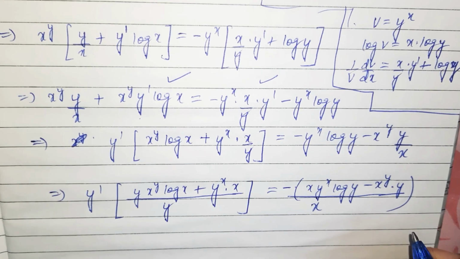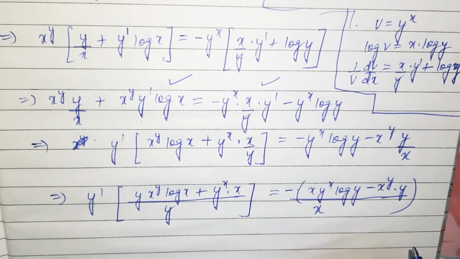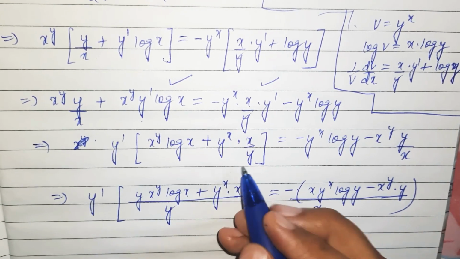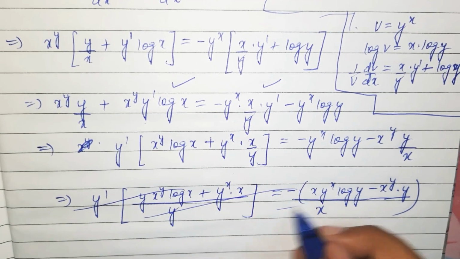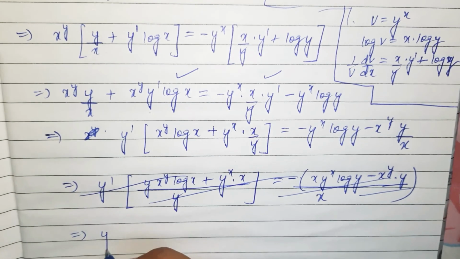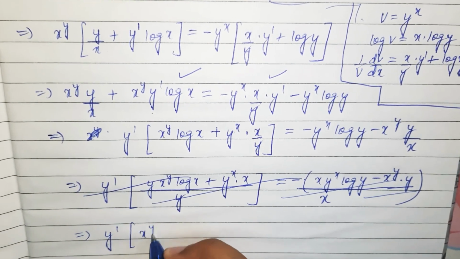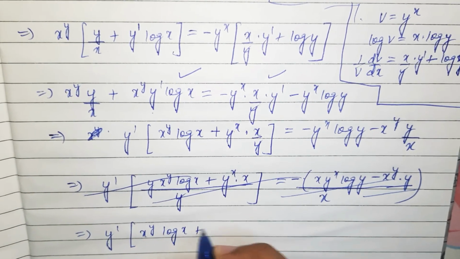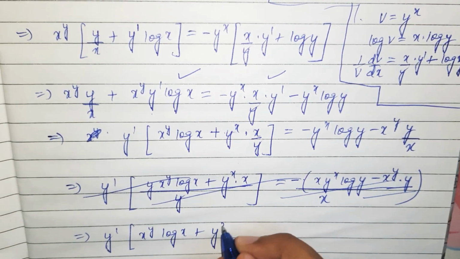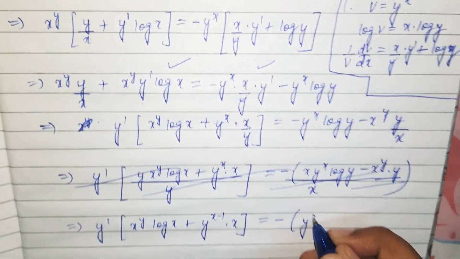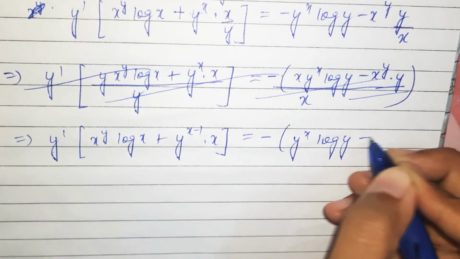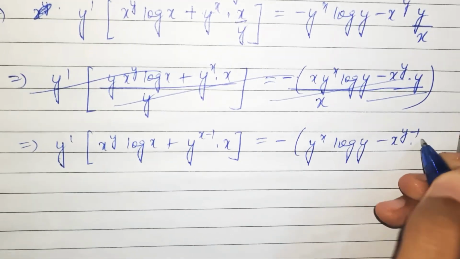So basically, if I want to write y dash, instead of doing this, it's better I eliminate this y raised to the power x minus 1. That will be the better thing, otherwise it will become lengthy. So y dash will become x to the y log x, base same. So this will become y to the x minus 1 into x, that will be better, minus common y to the x log y, and this is minus x to the y minus 1 into y.